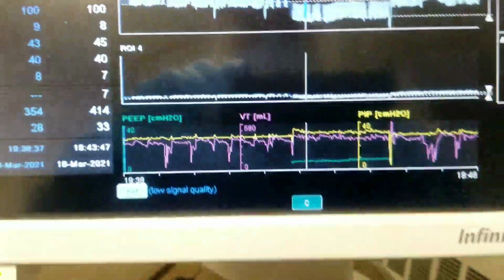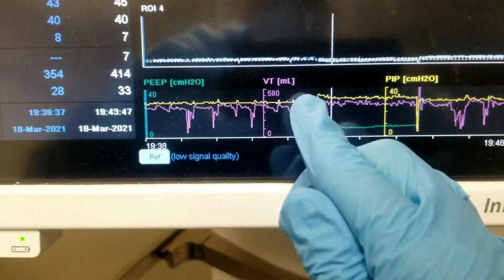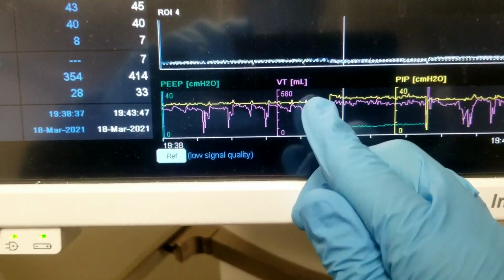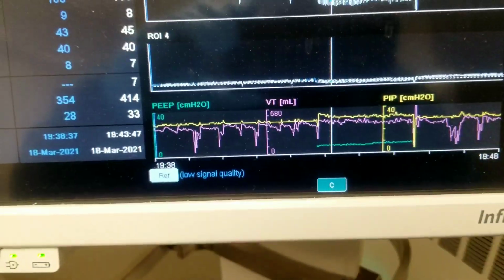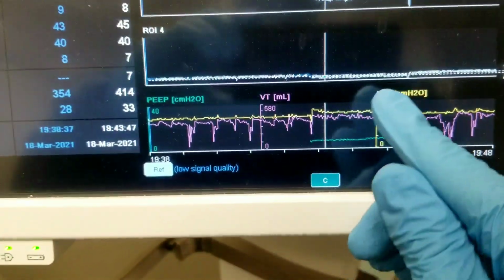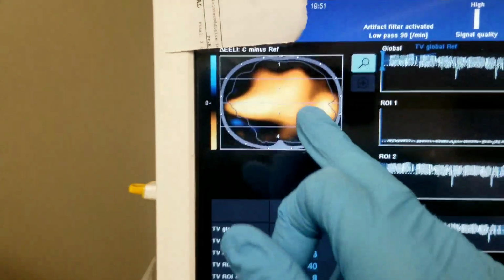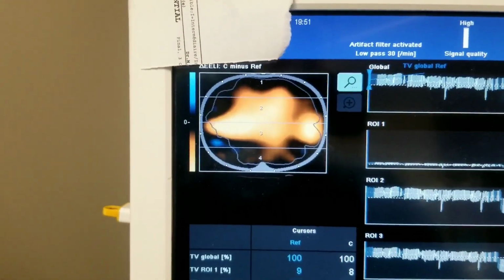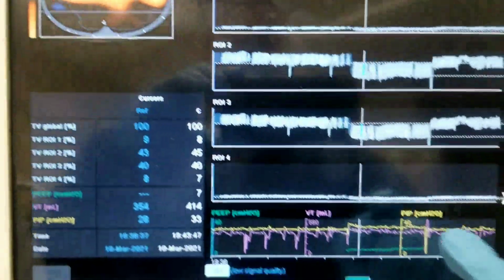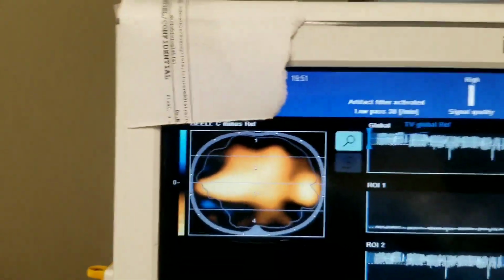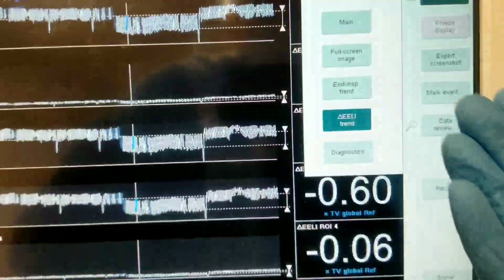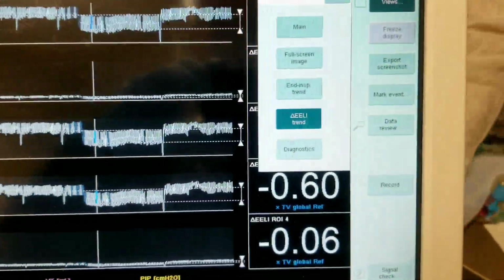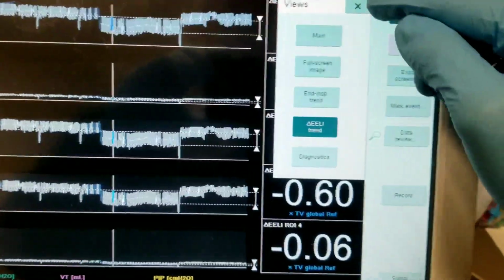And now we're actually using here lower peak pressures, and when we switch to ACPC with the ideal PEEP, we actually have higher peak pressures in yellow, and we have massive loss in electrical impedance, which basically is telling you that for that set pressure, which is higher, you're getting less volume. All right, so that's when you use end expiratory lung impedance, which represents end expiratory lung volume. The more volume, the bigger the impedance.